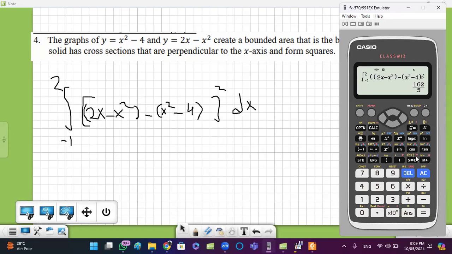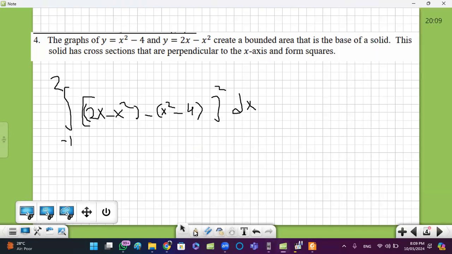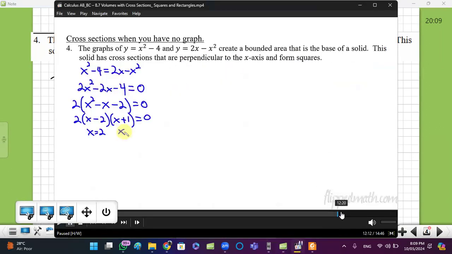You're going to find it in decimal, 32.4, correct? I solved it last year, 32.4. Let's see how he solved it. I think it's here. Yes, this one.